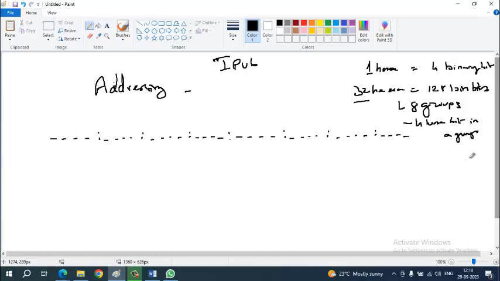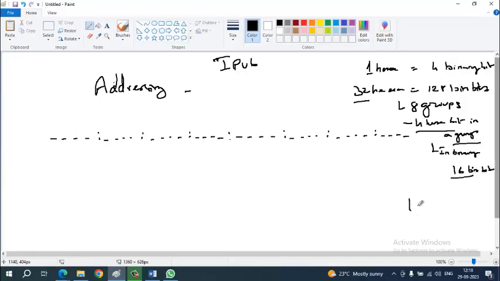If I need to say that in binary, how many bits? If I have 4 hexabits in a group, how many binary bits in a group? 16. 16 binary bits.